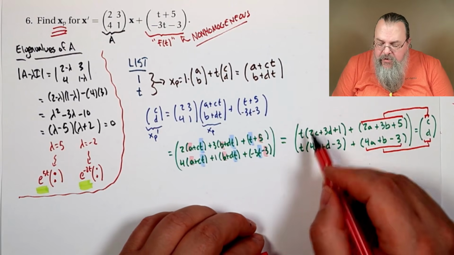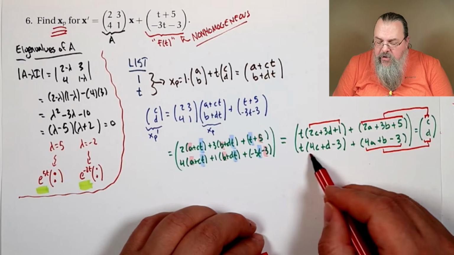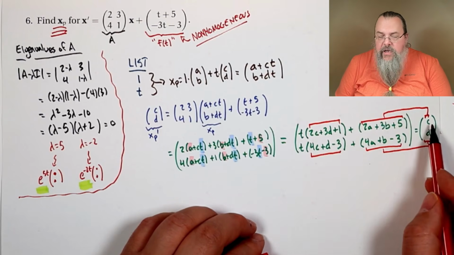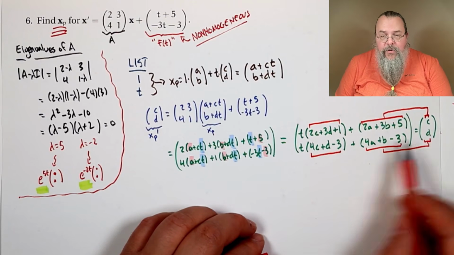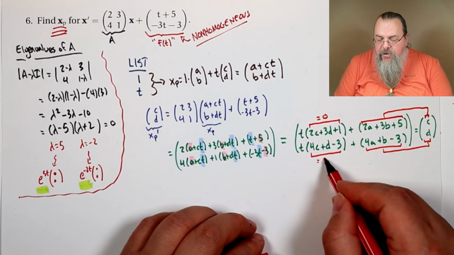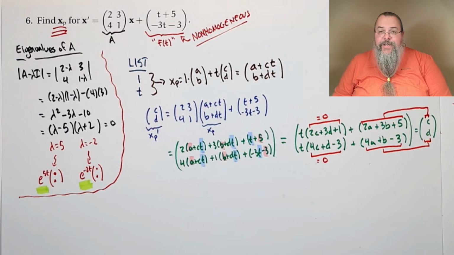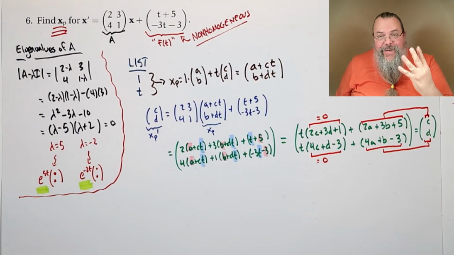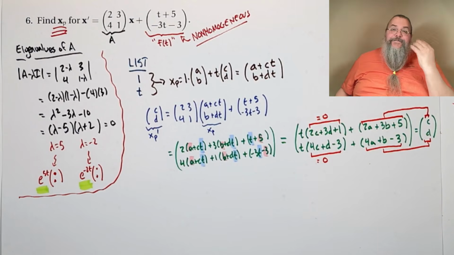But what about these terms here? There's no t on this side. So what must be true? They must be 0. So we now have 4 equations and 4 unknowns.